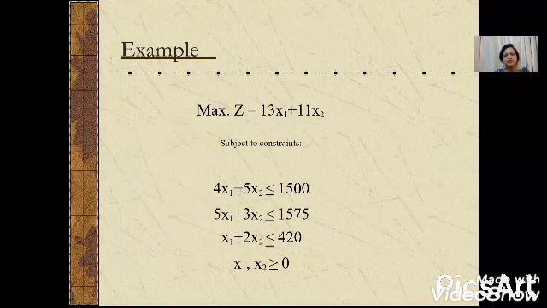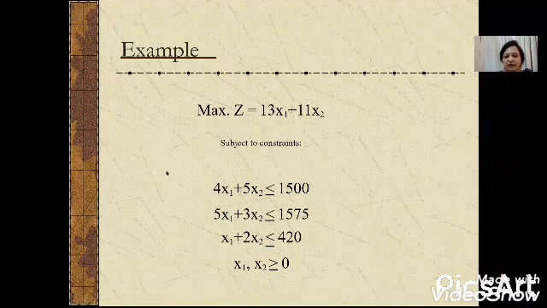Now let us see the method to solve the linear programming problem by using the simplex method through an example. Suppose we have a problem to maximize z equal to 13x1 plus 11x2 subject to the given constraints.